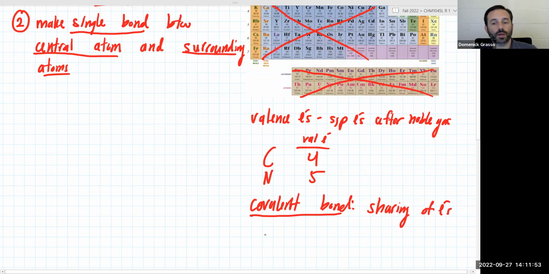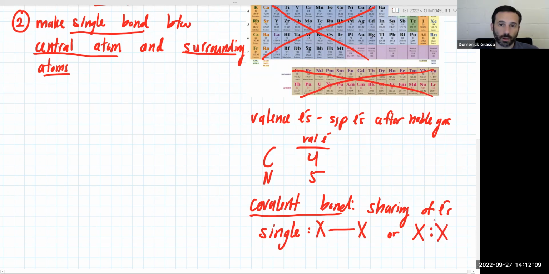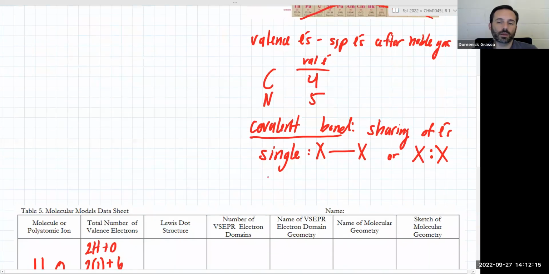If I have a single covalent bond, I can represent it like this. So I've got 2 atoms, and that line actually represents a pair of electrons, because we're always going to put things down in pairs. Electrons have to be balanced in pairs. If you have a single electron, that's a radical. We're not talking about radicals.